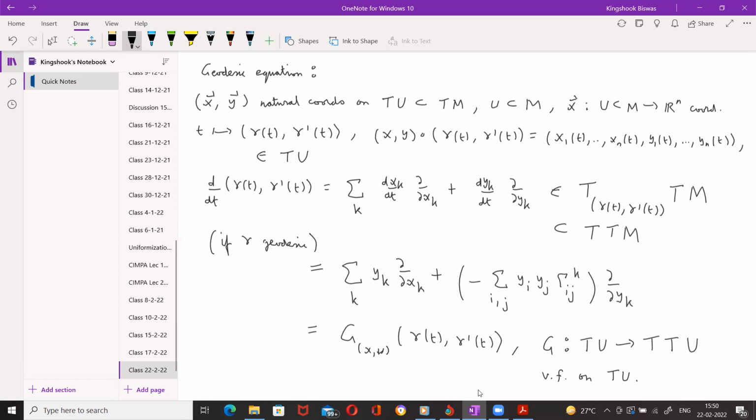Okay. So what we get is that this curve (gamma, gamma prime) is called the lift of the curve gamma to the tangent bundle. So if gamma is a geodesic, then this lift is an integral curve of a vector field on the tangent bundle. Is this clear? Yes?